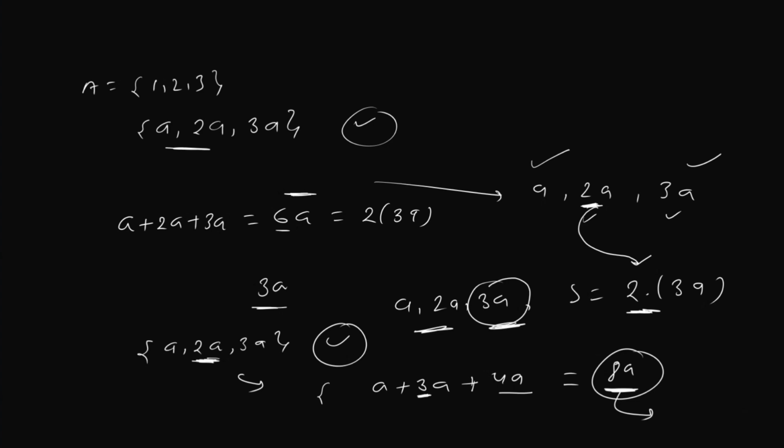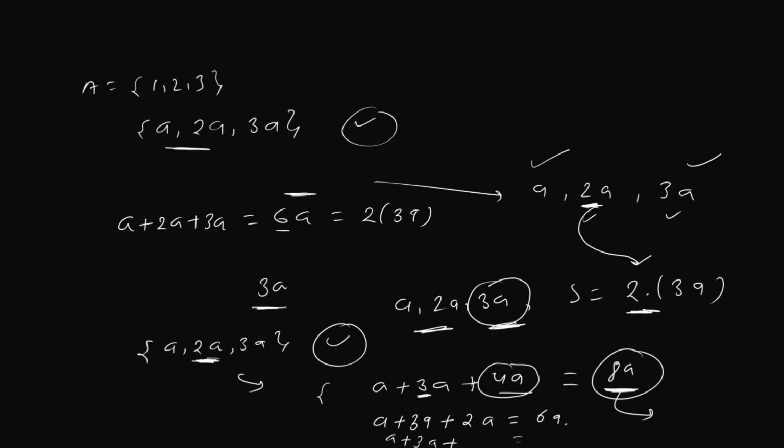We can't have it. If you put 2a here, then only we are going to get a plus 3a plus 2a, which is 6a. Else, what else can we put, which will result in another multiple of 3, like 3 times 2, which is 6?